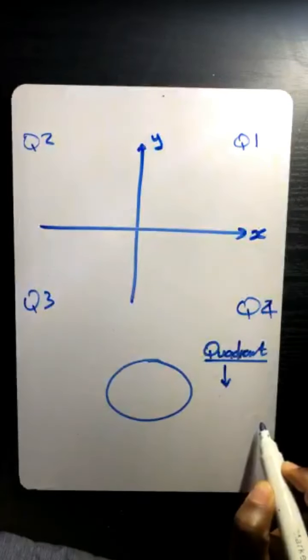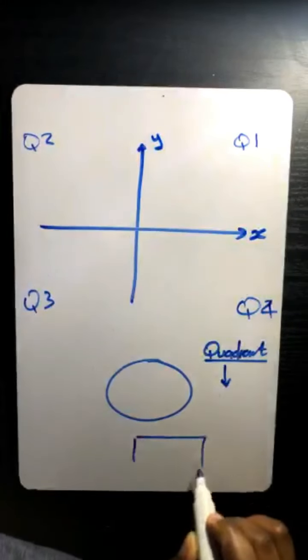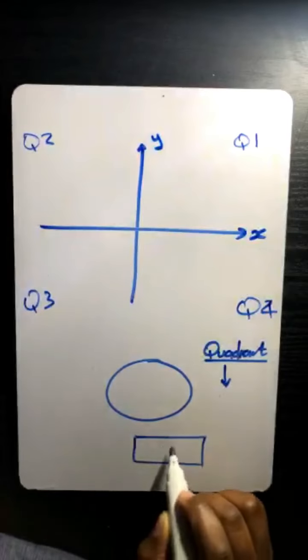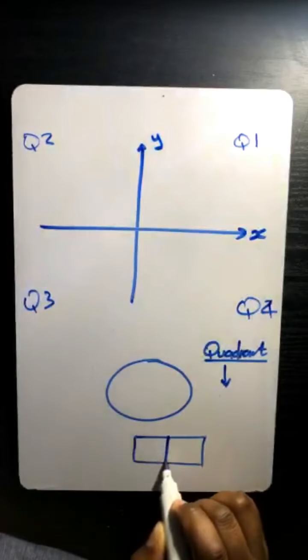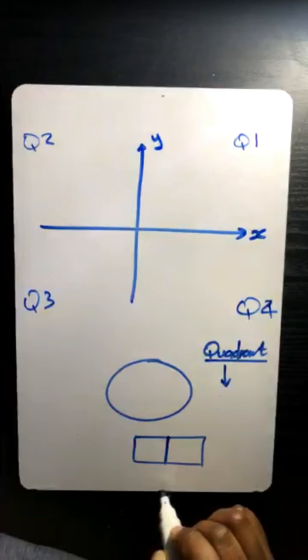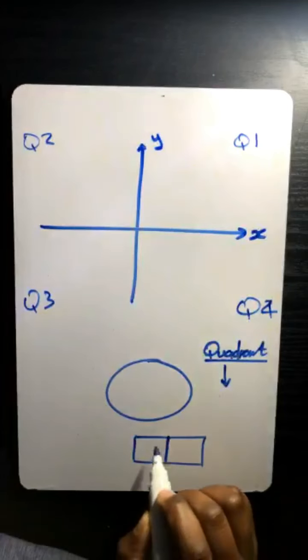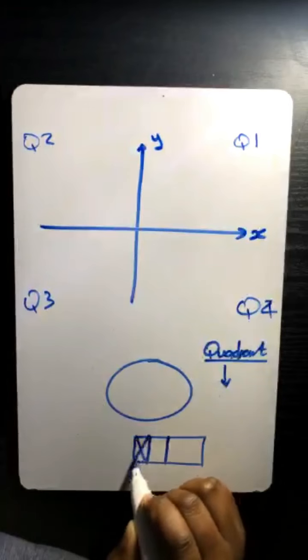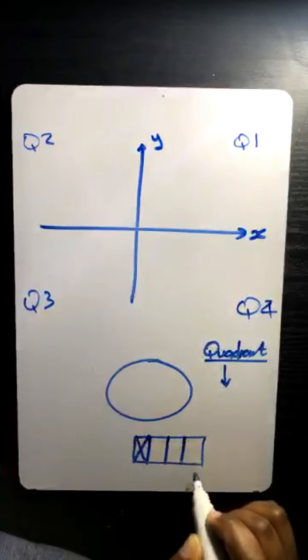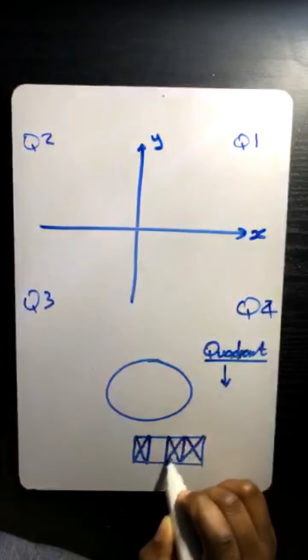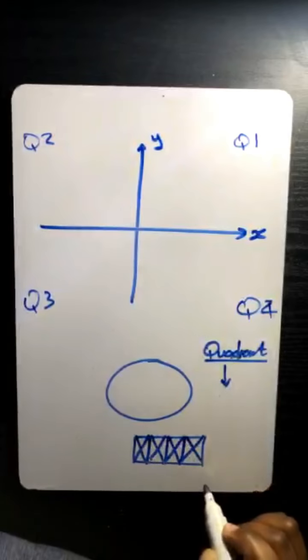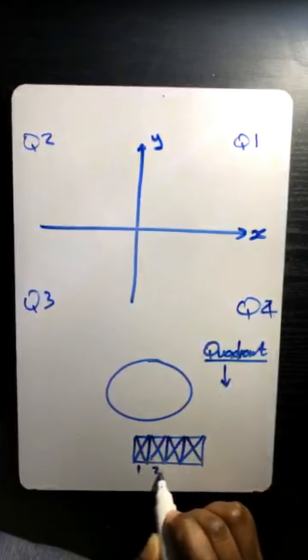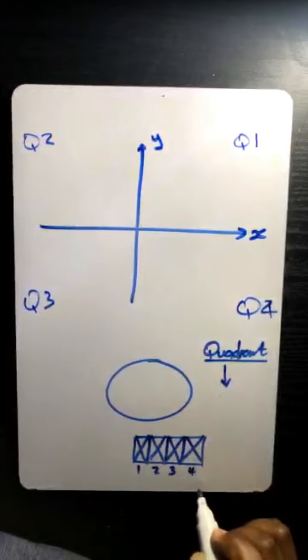So a quarter, you know, if you've got a full loaf, this is half. That's when you cut it into half. So if you have another half, then this is quarter. If you have the other half, this is quarter. So that means you've got 4 quarters. Quarter 1, quarter 2, quarter 3, quarter 4.